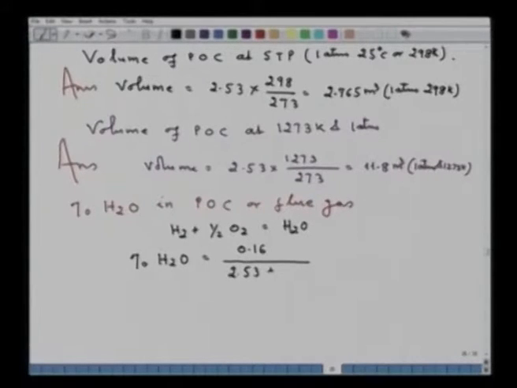To this we add 0.16, that is the volume of H2O, and if we multiply by 100, then we get percentage H2O is 5.95%. So, this is the answer. So, the Orsat analysis is given on dry basis, that is what it is given. Now, the moisture content is 5.95%.